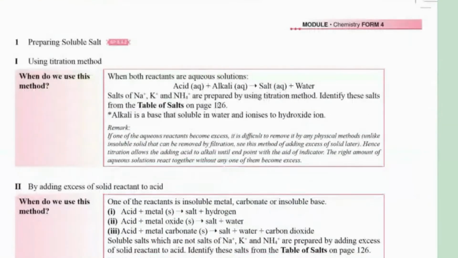Now we look into the soluble salt part. First one, use the titration method. When do we use the titration method? I let you know already: salts of SPA.